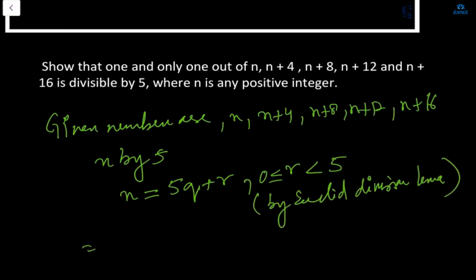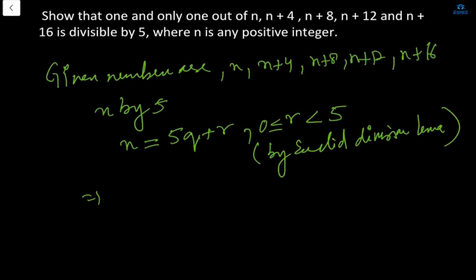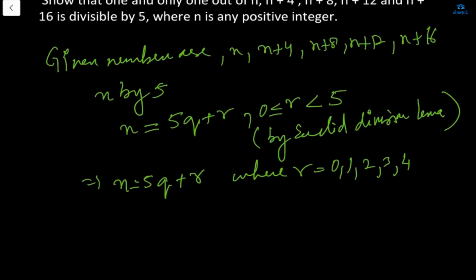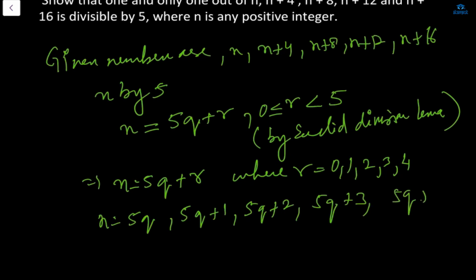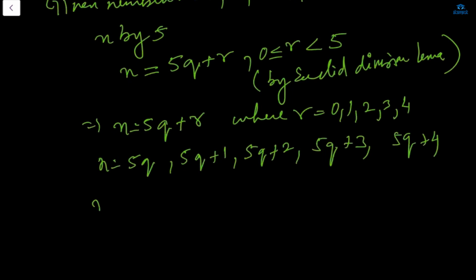Which implies that n will be 5q plus r, where r is 0, 1, 2, 3, 4. So n will be 5q, 5q plus 1, 5q plus 2, 5q plus 3, and 5q plus 4. Now, if you take n equal to 5q, then n is only divisible by 5.